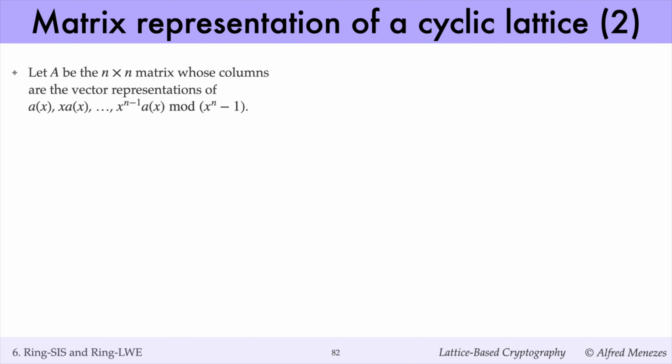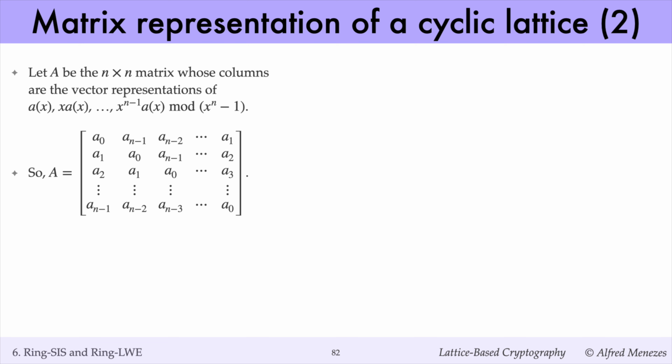Let A be the n by n matrix whose columns are the vector representations of the polynomials a, xa, up to x to the n minus 1 times a. A is called a circulant matrix, denoted circ(a). Note that a row of A is a right cyclic shift of the previous row.